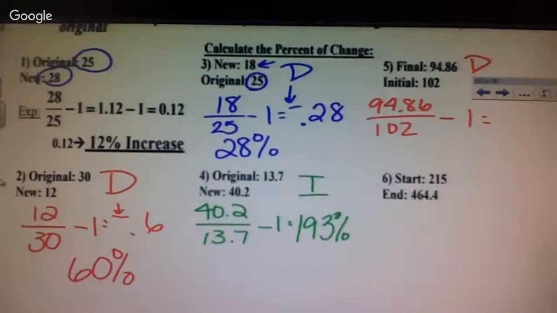Negative 0.07. So that's a 7% decrease, or 7% off the original price.